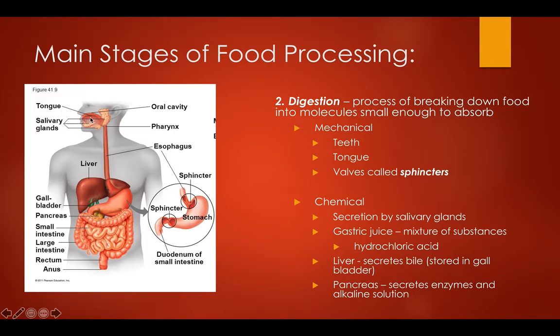Tongue and teeth help out with mechanical digestion. Salivary glands handle chemical digestion at first. When food enters the stomach, there's a sphincter here also closing off the food from exiting the stomach into the intestines. Chemical digestion occurs here, and our liver and pancreas also secrete some chemicals to help with the digestive process in the small and large intestines.